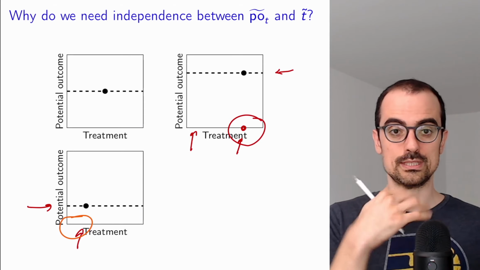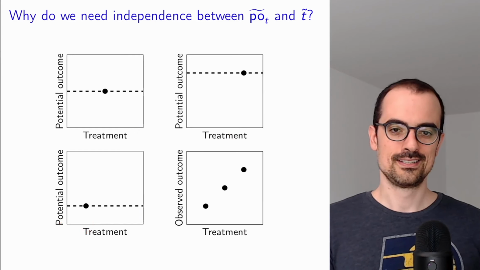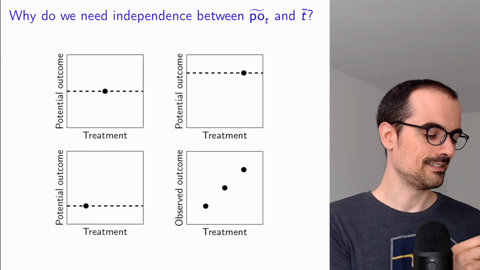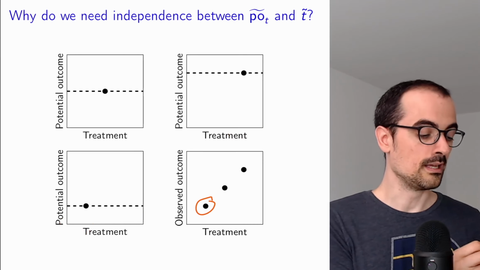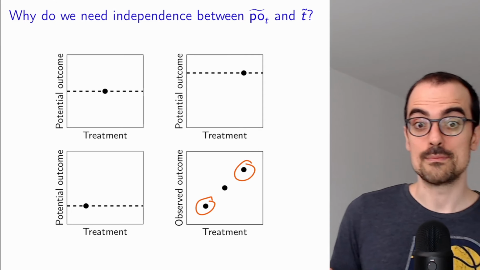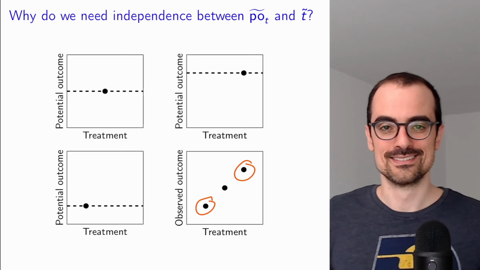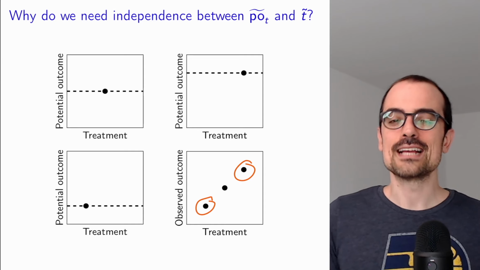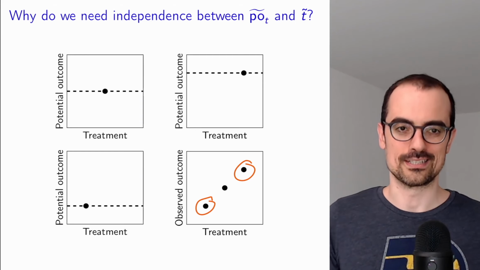spurious correlation between the treatment and the potential outcome that is obvious when we actually observe the data. So here it seems that when the treatment is small, the potential outcome is small, and it looks like when the treatment is large, the outcome is large, but this only happens because we chose the treatment in this way. Okay? This is like giving a medicine to the healthy people and then saying that the medicine works.